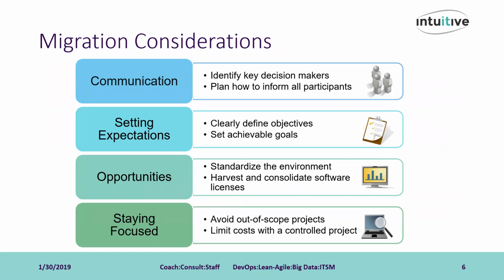An important point here is not to overstretch the migration team or underestimate the efforts involved in the migration. So we want to ensure the end user is aware of their scheduled date and the timing for the migration of their specific machine and or machines in their department, those sorts of things.